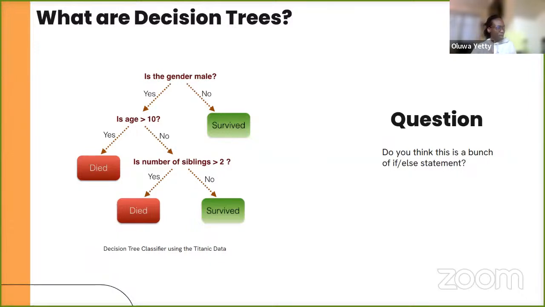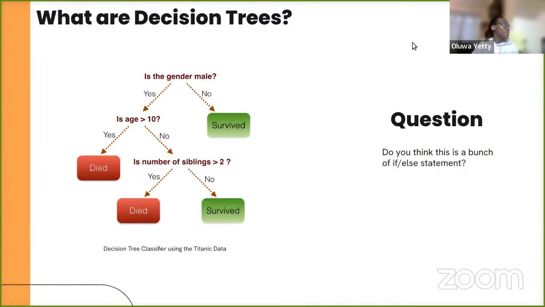So what we see here is a decision tree classifier using the Titanic data. And the reason why we say it's not a mathematical model will become clearer.